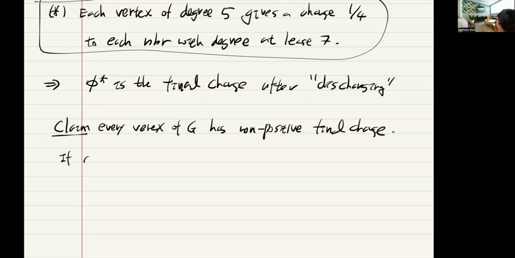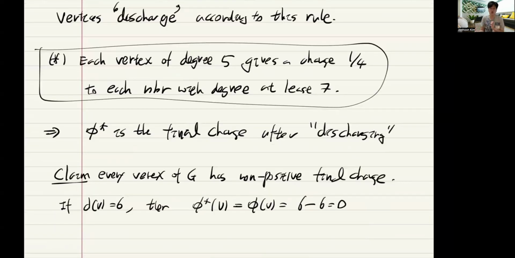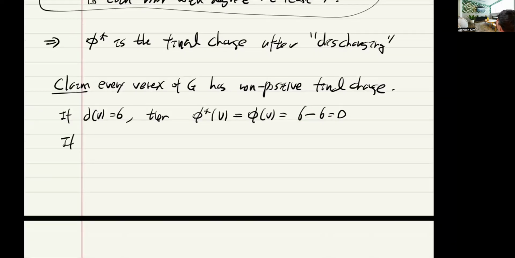If you have a vertex of degree 6, then its charge is 0 because you didn't do anything. It is 6 minus 6, which is 0. You don't give anything, you don't take anything. According to this rule, a vertex of degree 5 gives charge, a vertex of degree 7 receives charge, and a vertex of degree 6, nothing. If the vertex has degree at least 8, then what is its final charge?